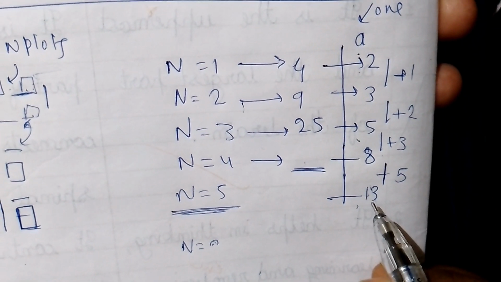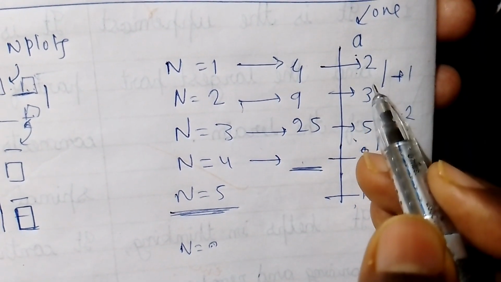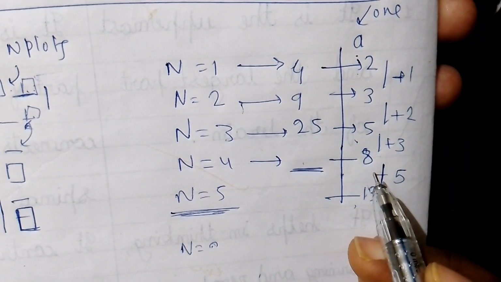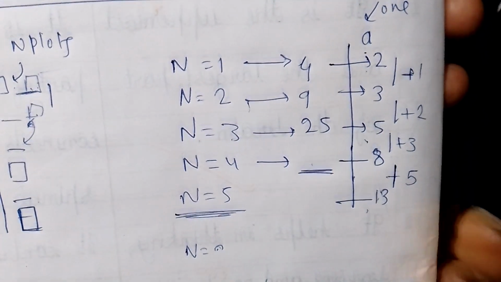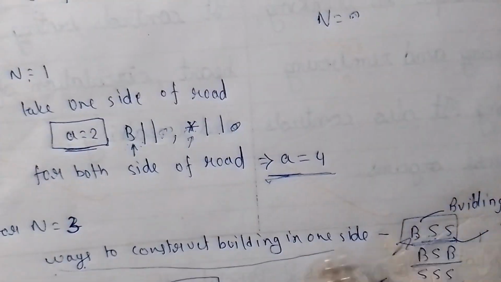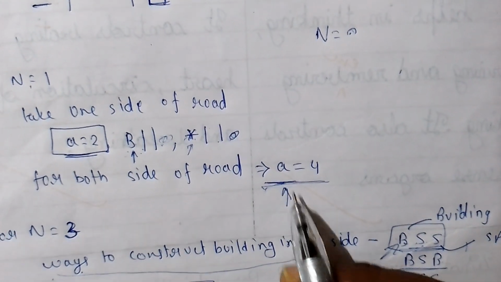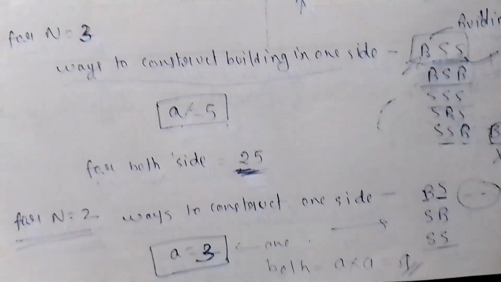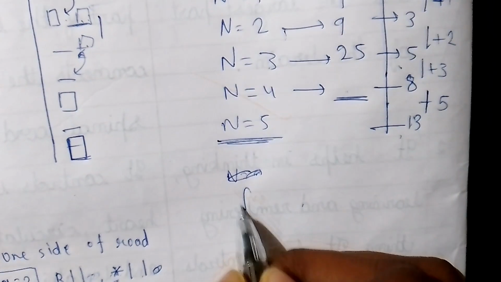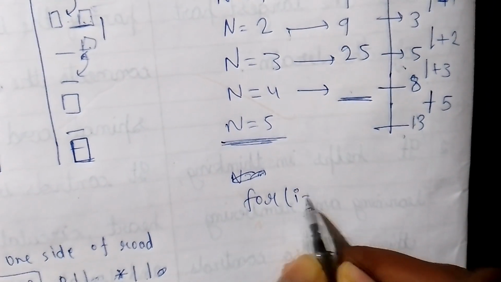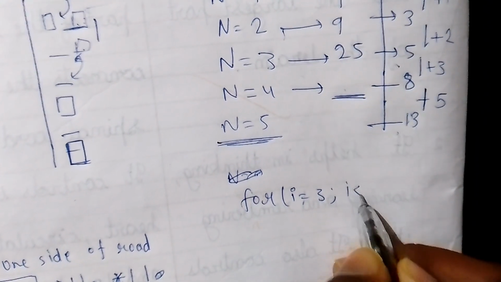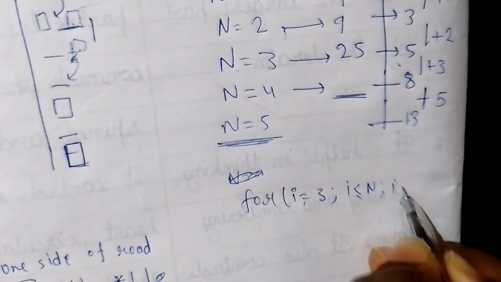So let's go into the code, how this Fibonacci series is going to give the answer. First I want to tell you that we are going to make separate conditions for n equal to 4 and n equal to 9. We are going to run a loop for i equal to 3, and then i less than or equal to n, i plus plus.